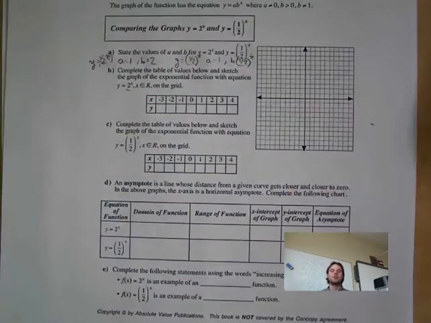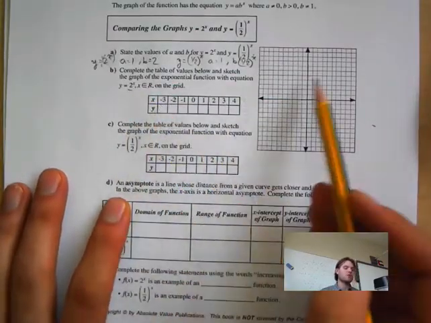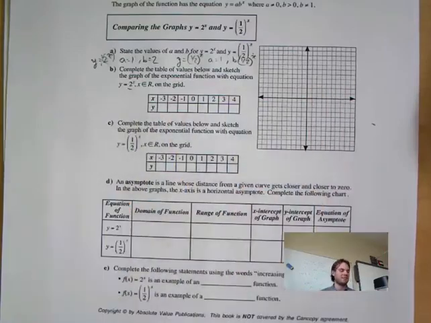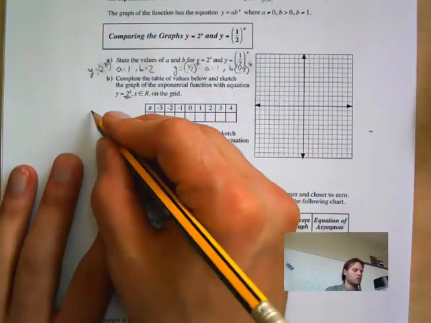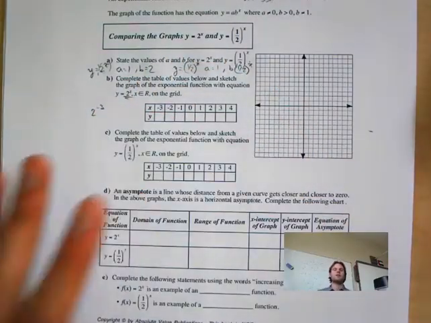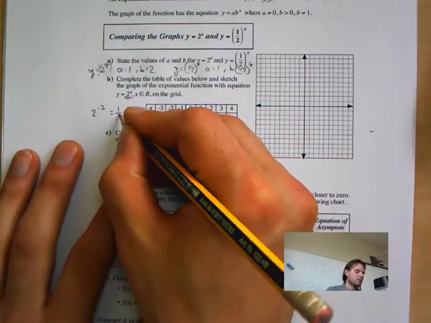Part b says to complete the chart and graph it out. Now, if we remember this one from last lesson, we're looking at 2 to the power of x, 2 to the negative 3. It's the same thing as 1 over 8. Why?